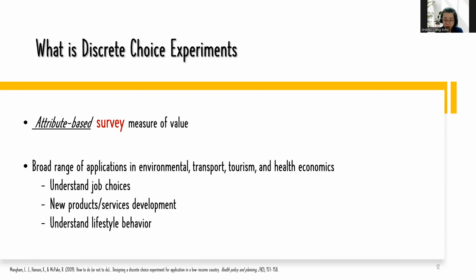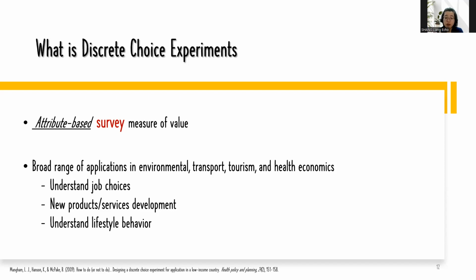Coffee option A is very pricey but with very good flavor and good quality. Coffee option B is very cheap, but the quality is relatively lower and the flavor is not as good as option A. And we ask our respondents whether they prefer option A or option B.